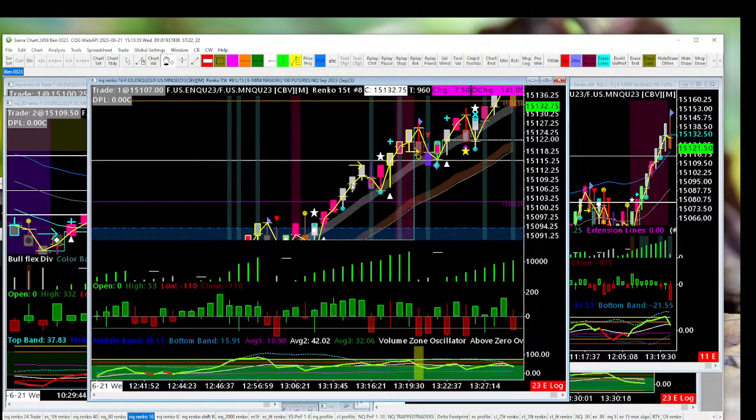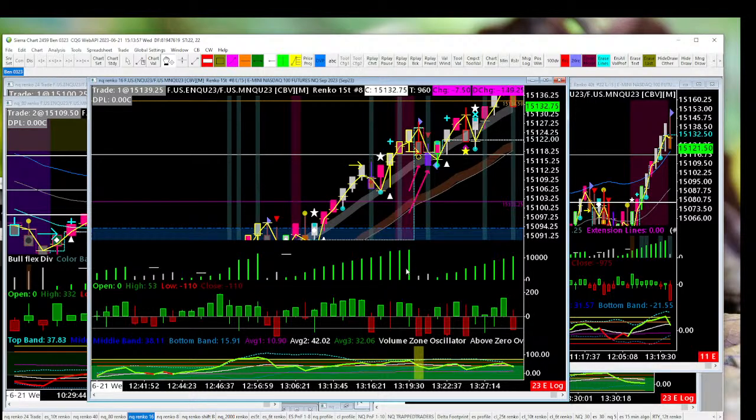continues in one direction with very gentle pullbacks, and the way we have it, it ends when you get two bars going in the opposite direction of the wave. So you can see here that will end this green wave.